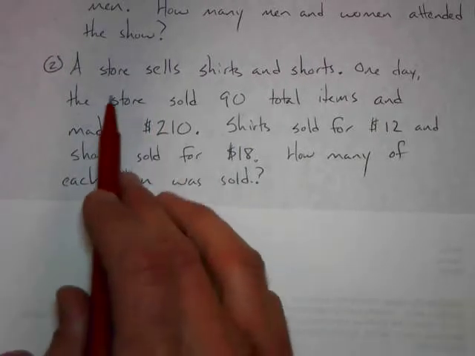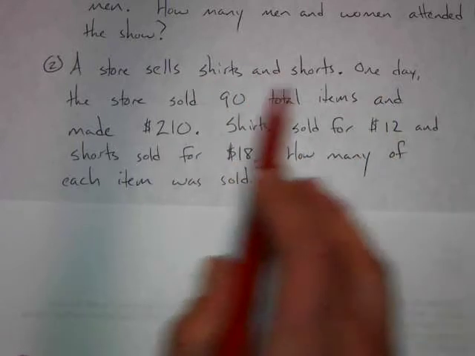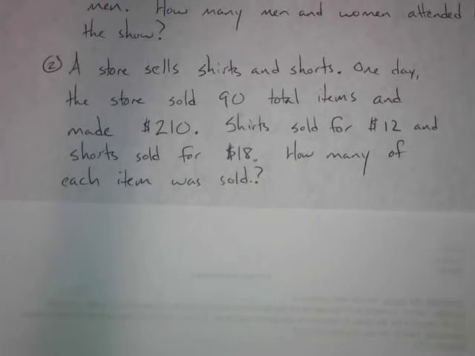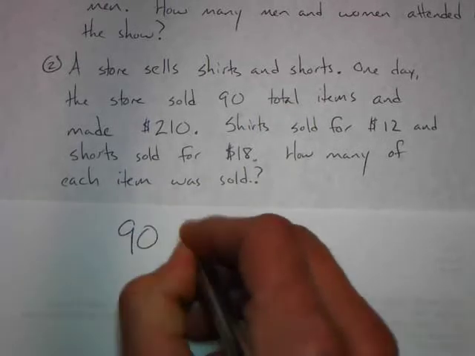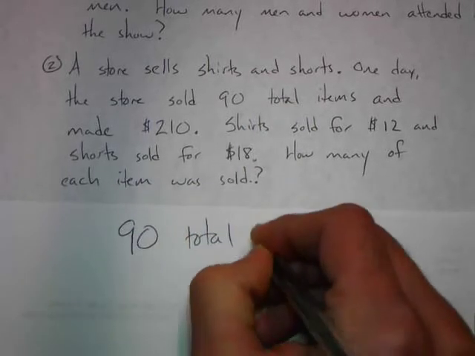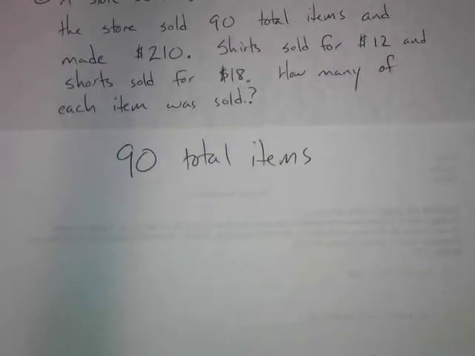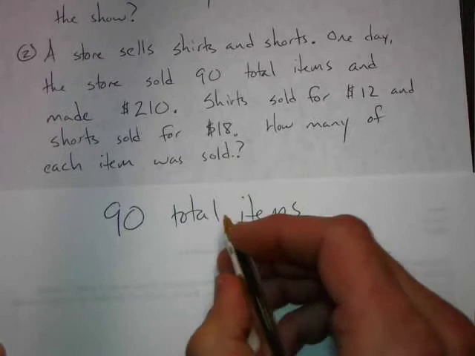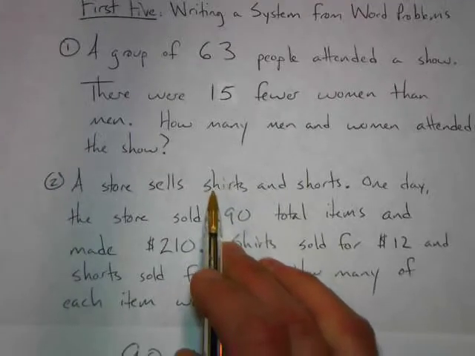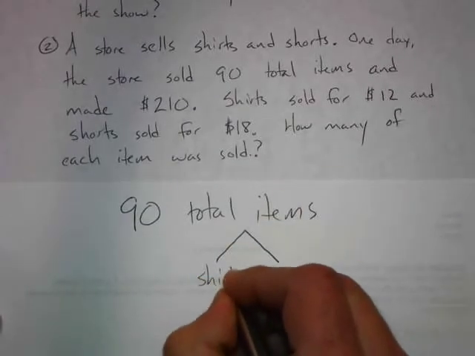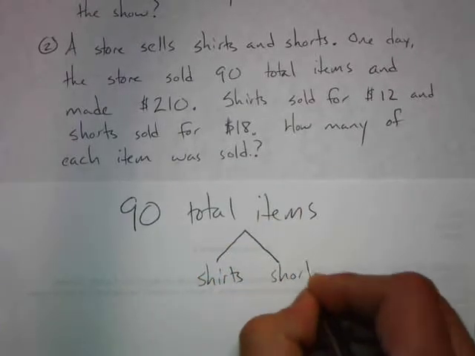So a store sells shirts and shorts. One day, the store sold 90 total items. That is an equation. 90 total items. What kind of items are there? There are shirts and there are shorts. So the total items comes from shirts and shorts.